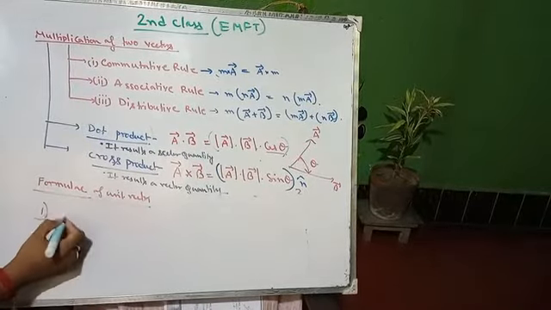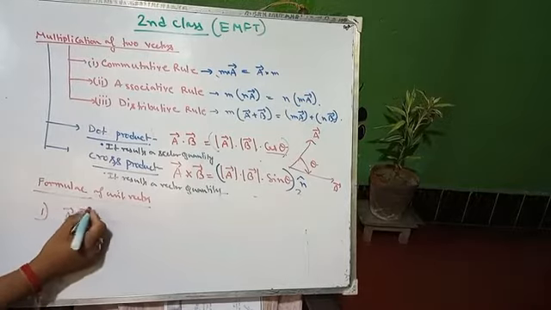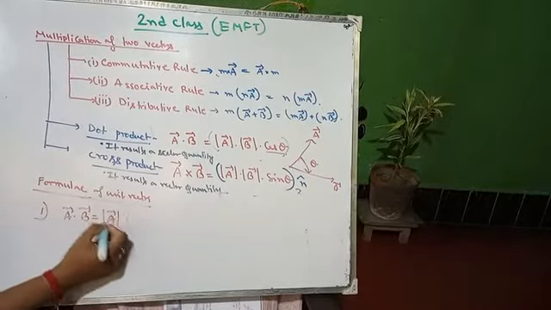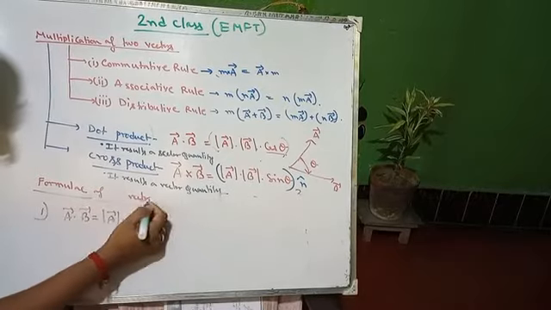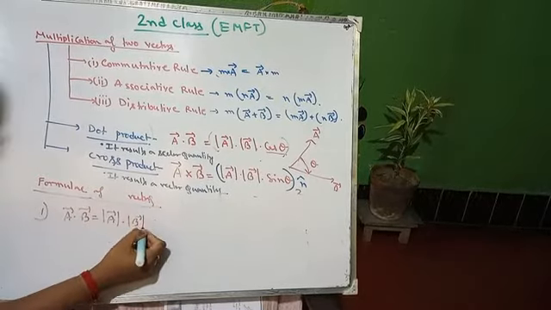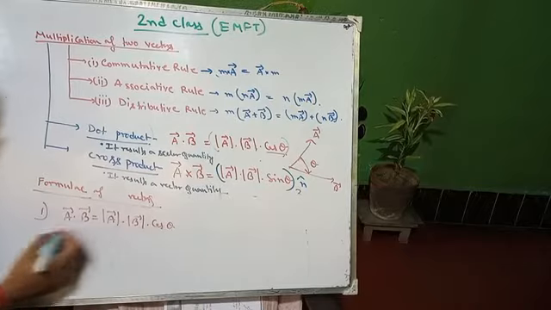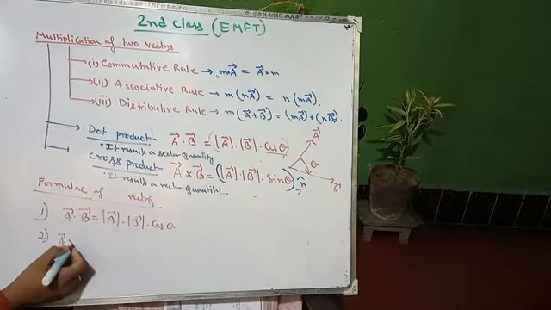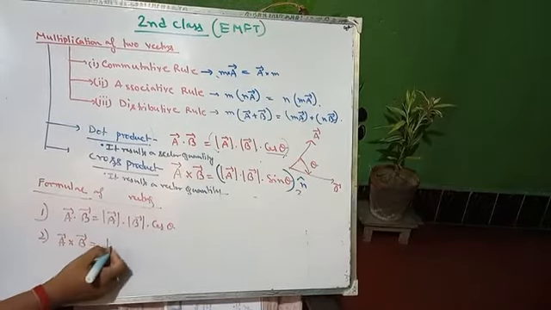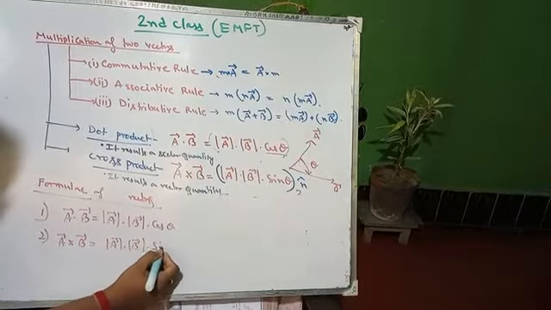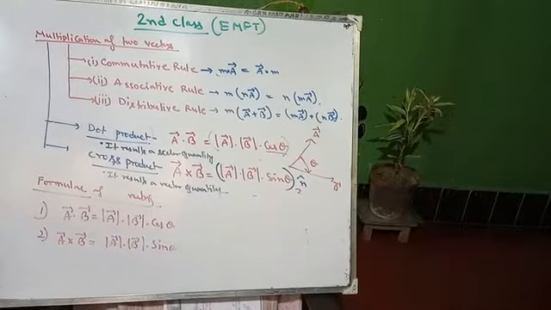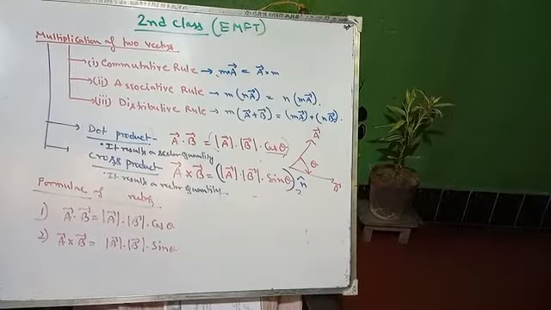First formula: A dot B equals modulus of A, modulus of B cos theta. And the second one: A cross B equals modulus of A, modulus of B sin theta. So what do you mean by the concept of cos theta and sin theta?